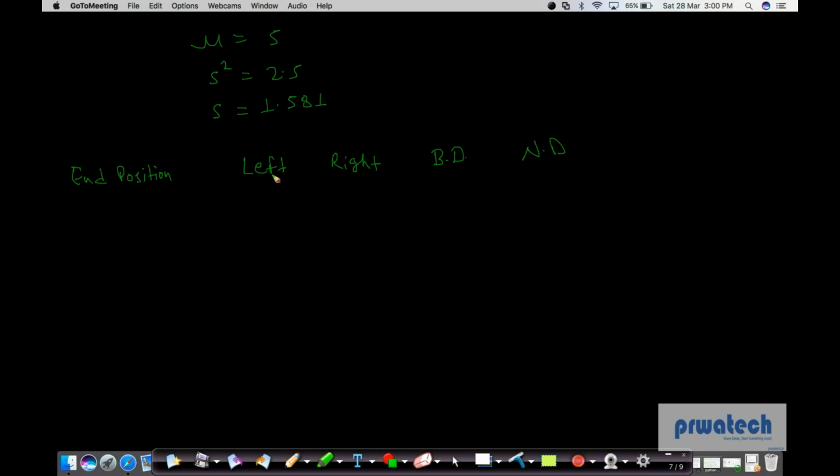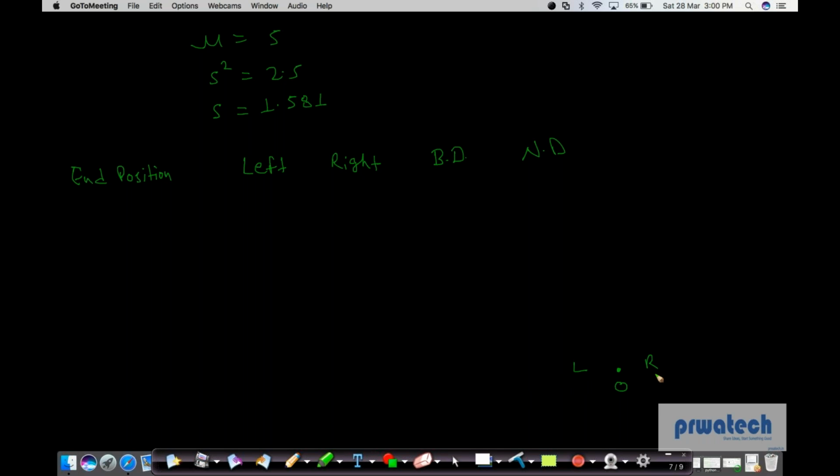So if I get all 10 times tail, 0 head, my position is here. If I get all 10 times head, I'll be somewhere here at the 10th step.